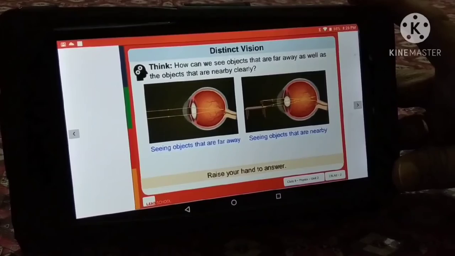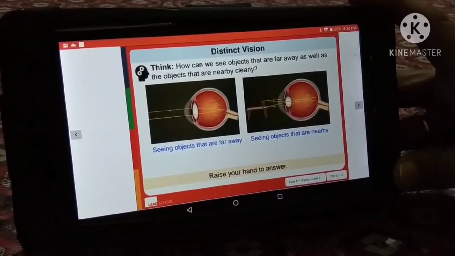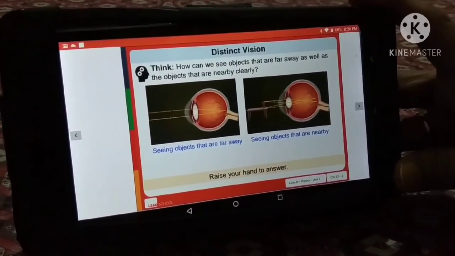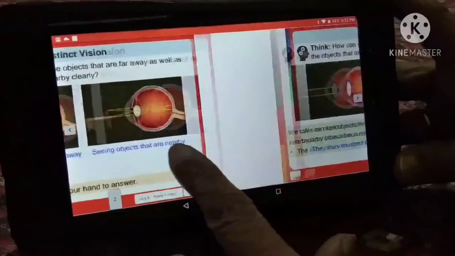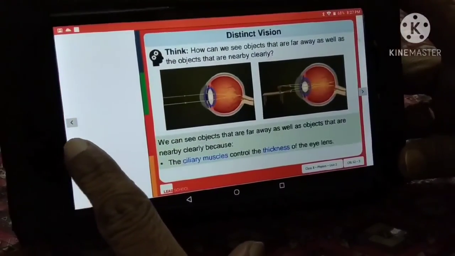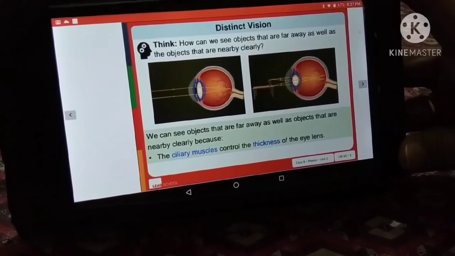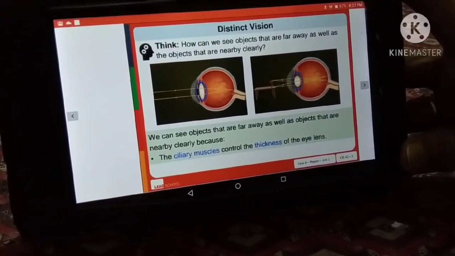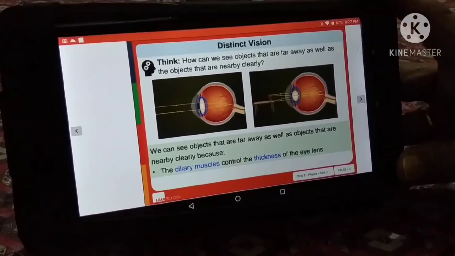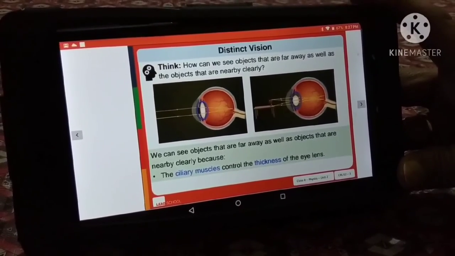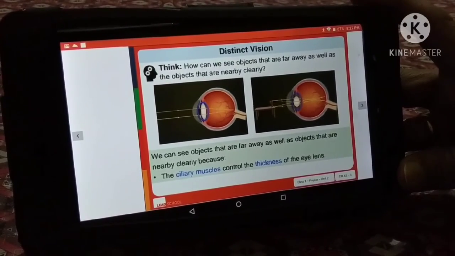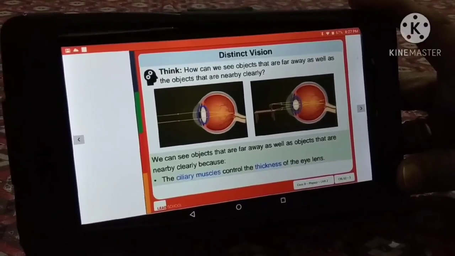It can also see the objects that are nearby. We can see objects that are far away as well as the objects that are nearby clearly because the ciliary muscles control the thickness of the eye lens.